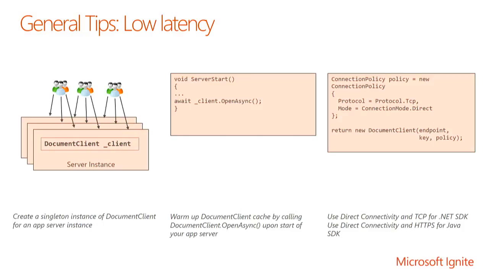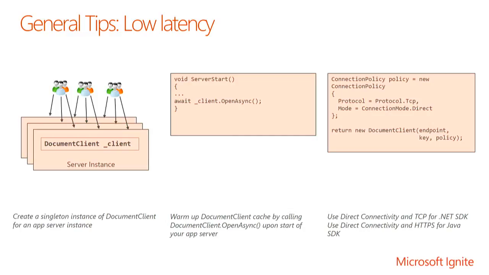The client is also able to do direct connectivity to one of these replicas. When the client warms up, it asks the gateway, hey, what are the physical addresses for all of the replicas? And then all subsequent requests touch the replica directly, shaving off a network hop, and that'll shave off like 1 to 2 milliseconds.